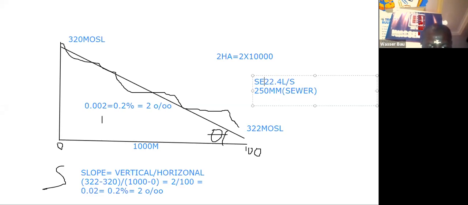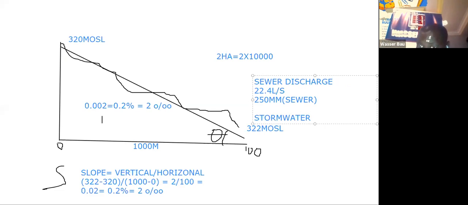For the sewer discharge, we got 22.4. Then for the stormwater discharge, we got 540 liters per second. And the pipe size we got, the concrete pipe, is 800 millimeter.